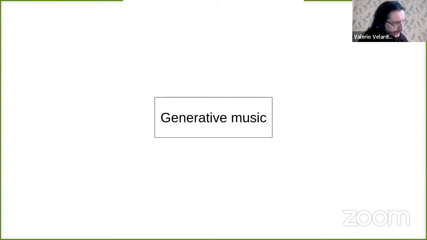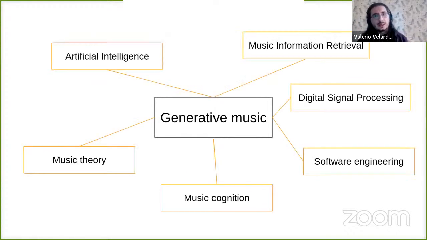Now, generative music is a very interdisciplinary field. In order to work within generative music, of course, you need to know about artificial intelligence, because you're going to leverage many of the techniques and concepts that you have in AI in order to create music.